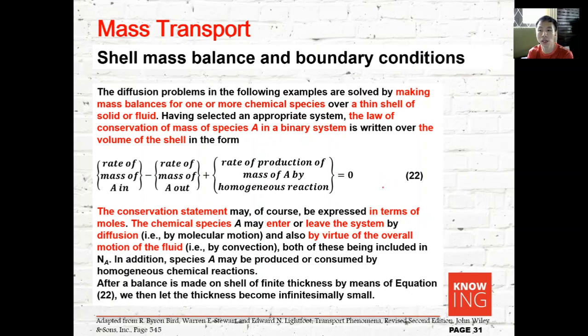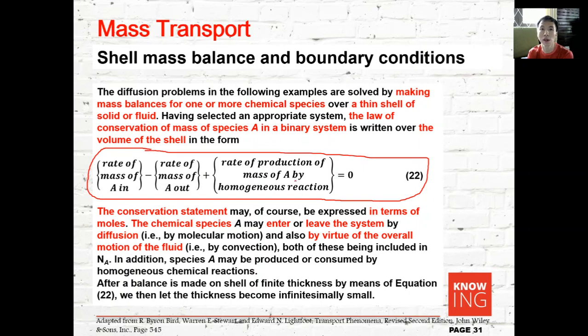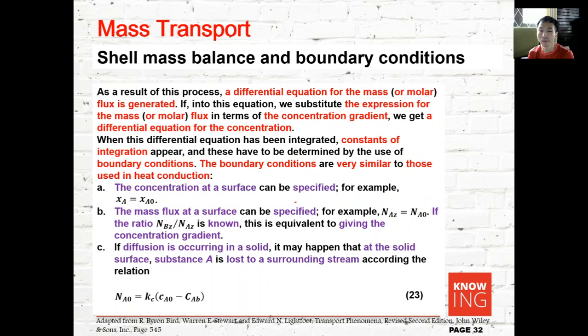Equation 22 in here gives that form for the mass transport problem, where mass of A in minus mass of A out plus the rate of production, or it can also be a consumption depending on the situation, will be valid. So far, this conservation law is the simplest expression, compared with the momentum transport or the heat transport.